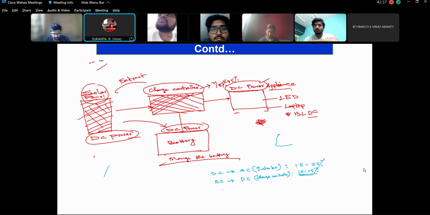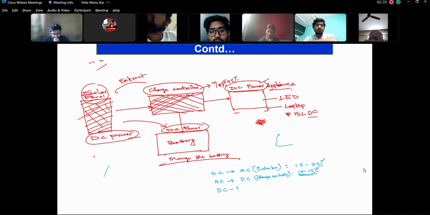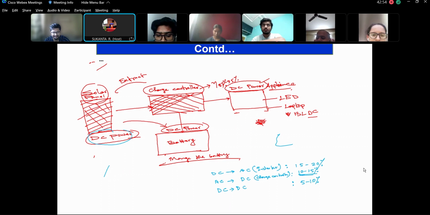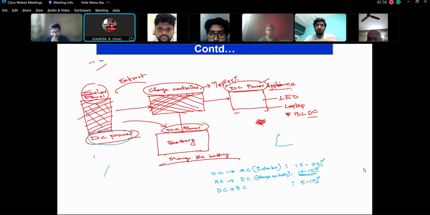While converting from DC to DC, the power loss is minimum, 5 to 10 percentage. So that's why we recommend using DC appliances if the power source is DC itself.